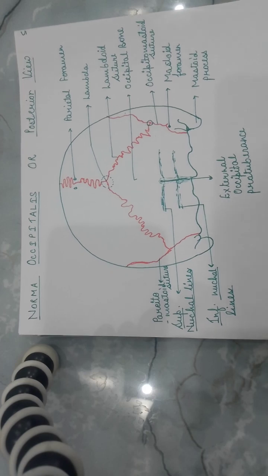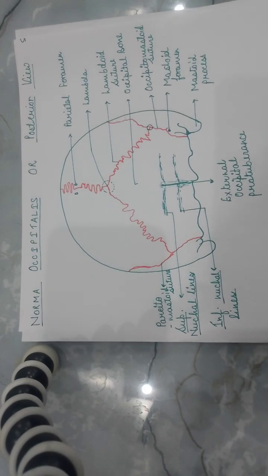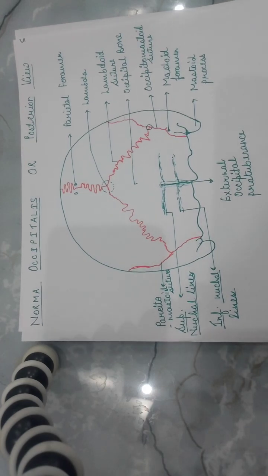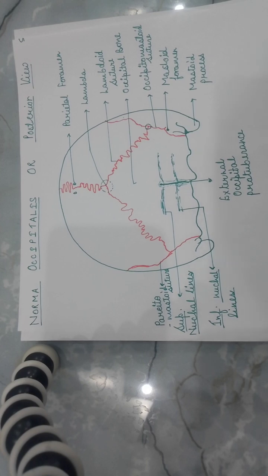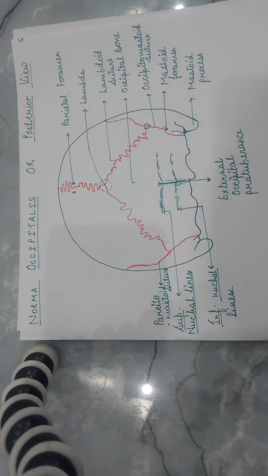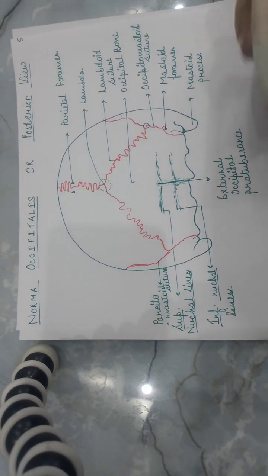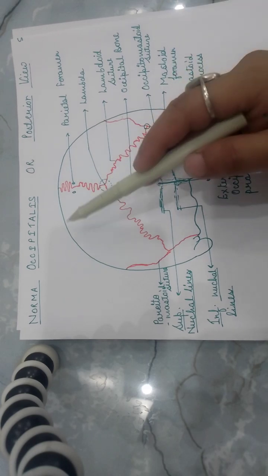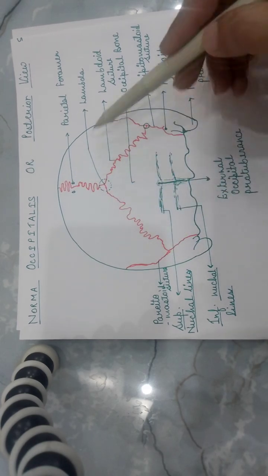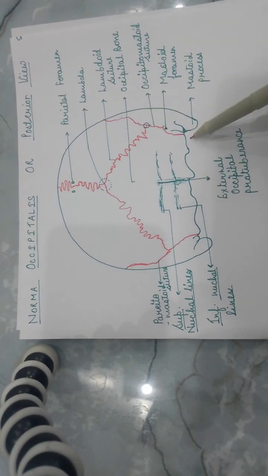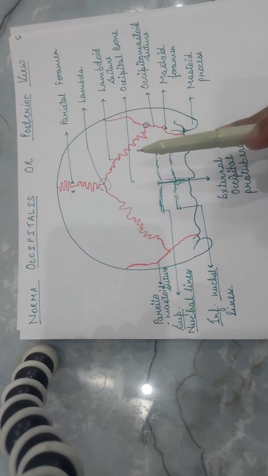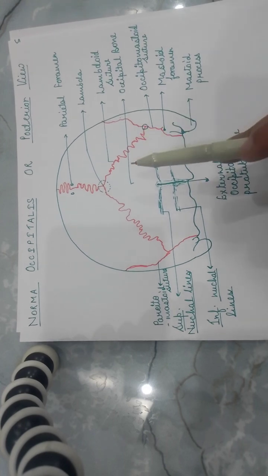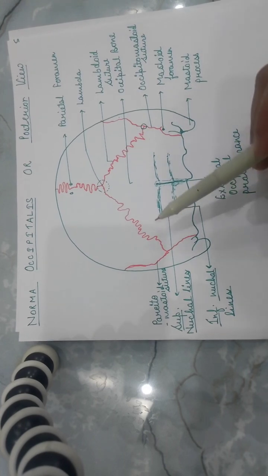Hello everyone. Now let's discuss the Norma occipitalis or the posterior view of the skull. So Norma occipitalis is convex upwards and on each side, and it is flattened below. Now what are the bones which we can see in this area?